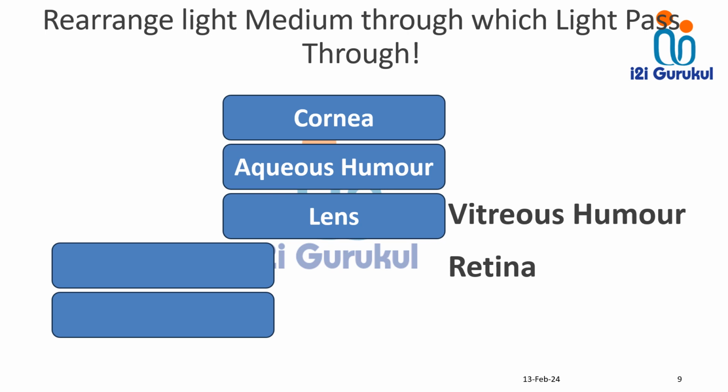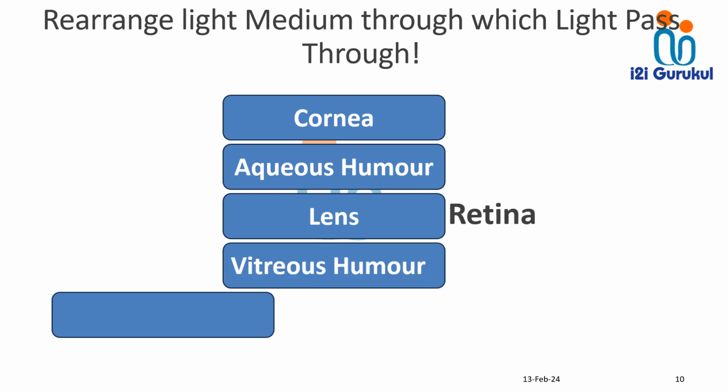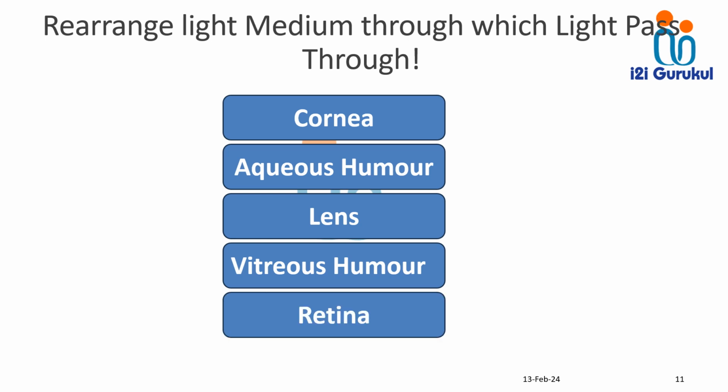It constricts when bright light falls on the eye, and it dilates when there is insufficient light, or in darkness, or in the evening time. And then from the lens it passes through the vitreous humor, and finally falls on the retina. These are the media through which light travels and focuses on the retina.